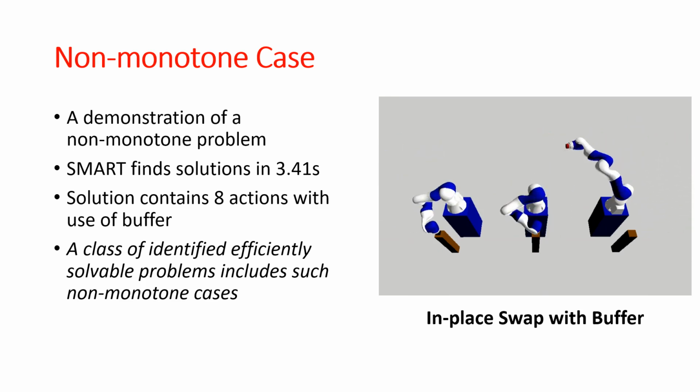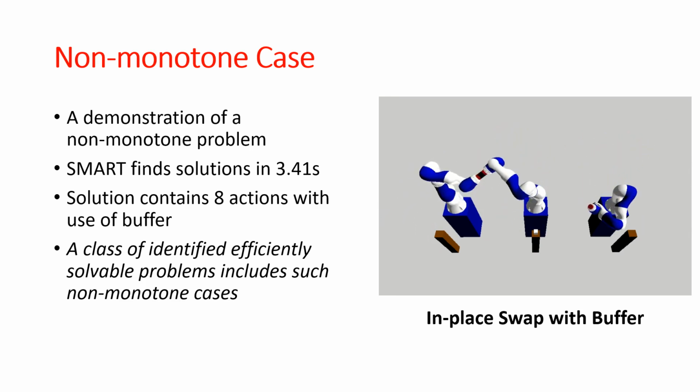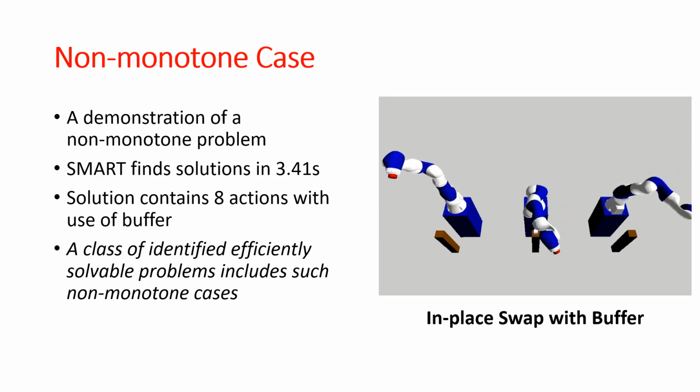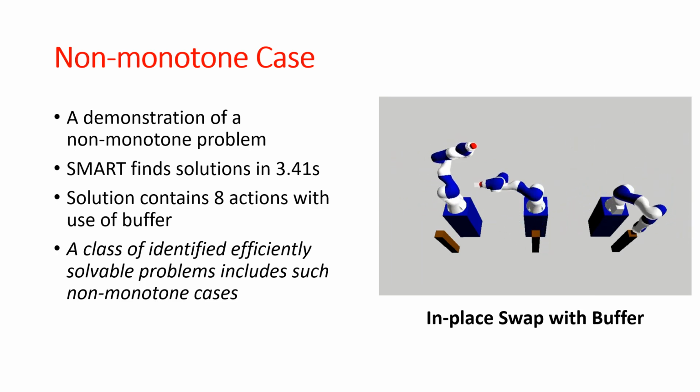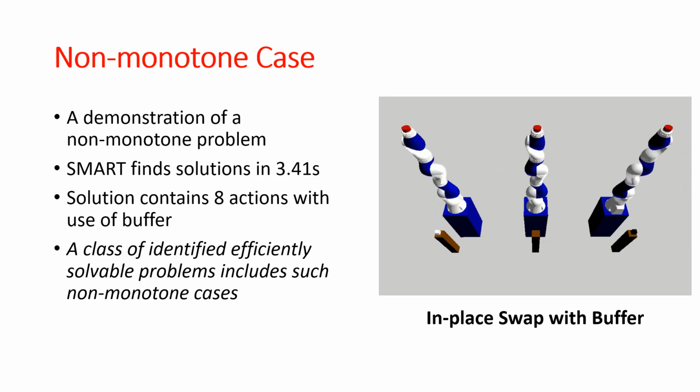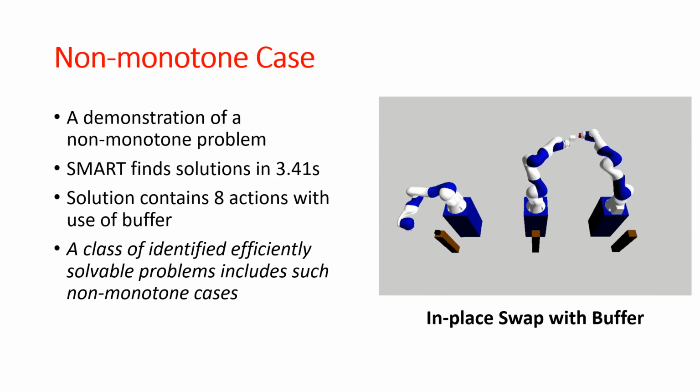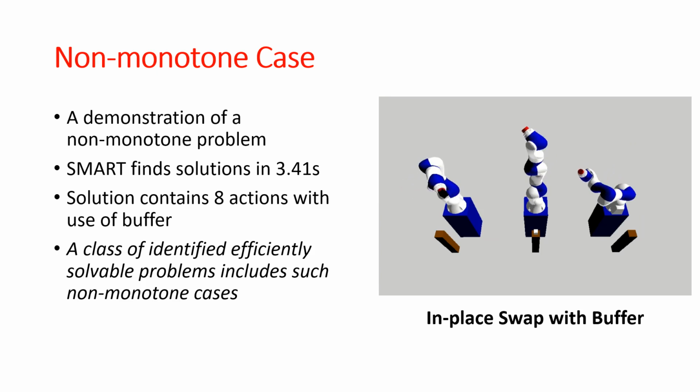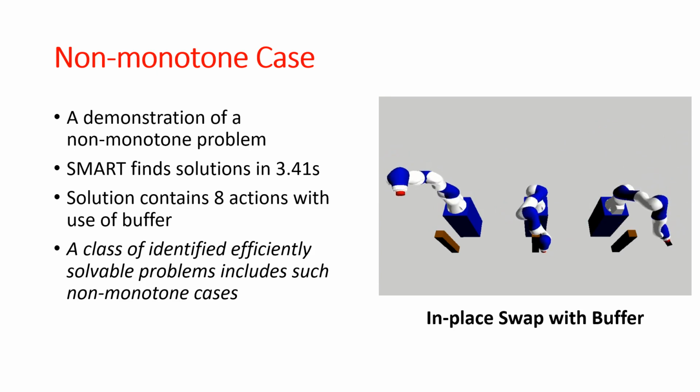We devised a very simple non-monotone example, as you can see in this video, where the objects have to be coordinated across 3 placement locations in such a way that an intermediate interaction is needed, right? So in such a situation, it turns out that our formulation is still sufficient to find these solutions.